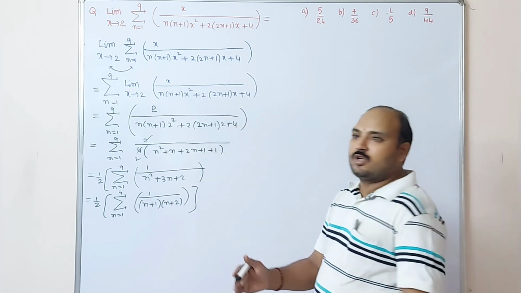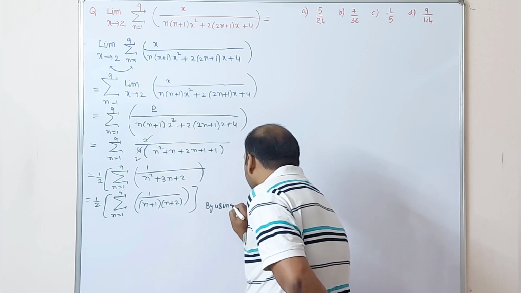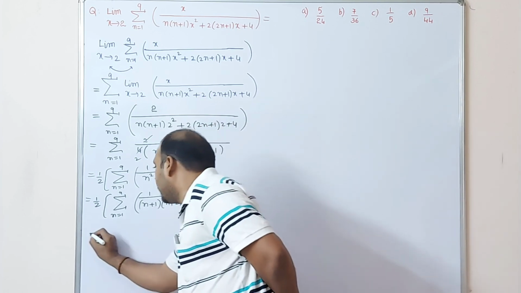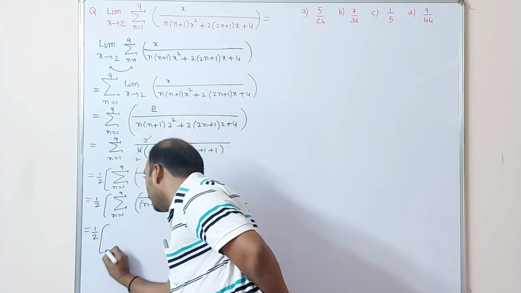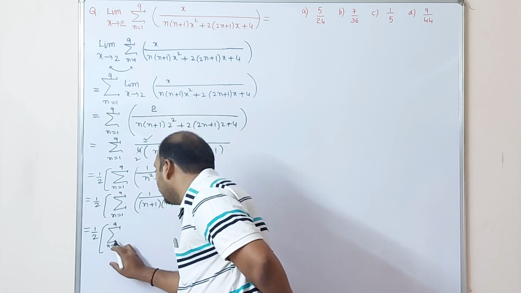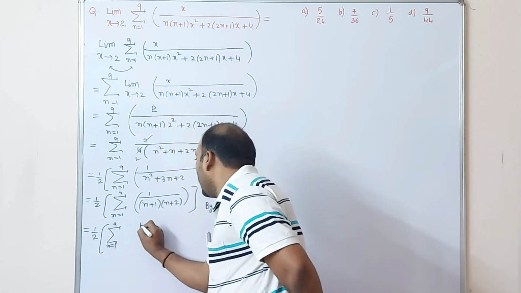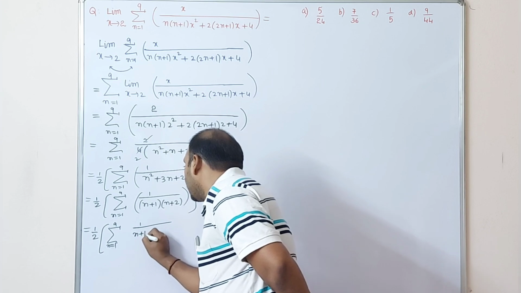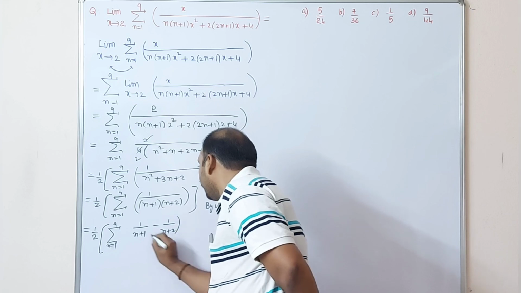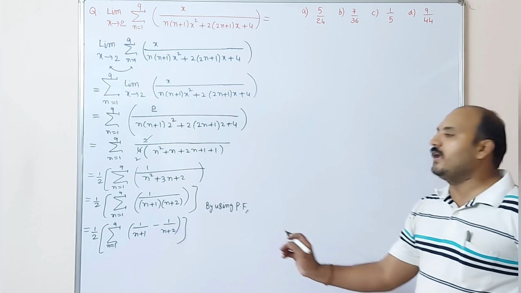By using partial fractions, PF means partial fractions, this can be expressed as 1 by 2 sigma n is equal to 1 to 9, 1 by n plus 1 minus 1 by n plus 2. By using partial fractions, we can write like this.